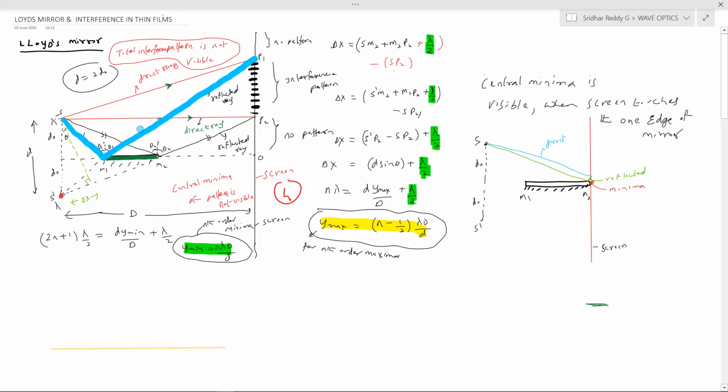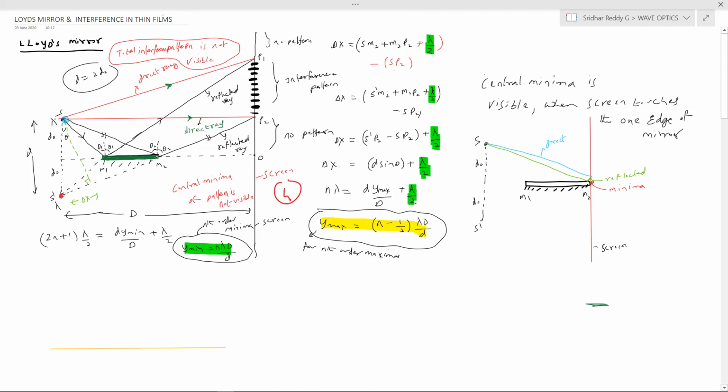If I extend this reflected ray back, it will meet at S dash, as if this reflected ray is being emitted by its image S dash.